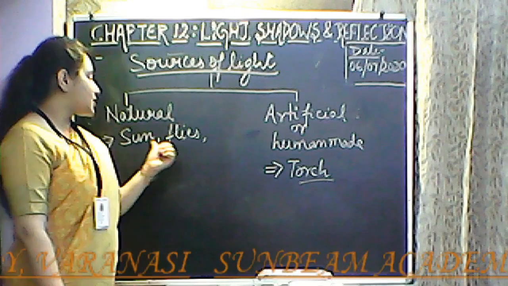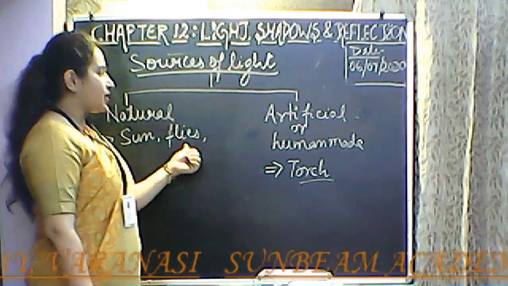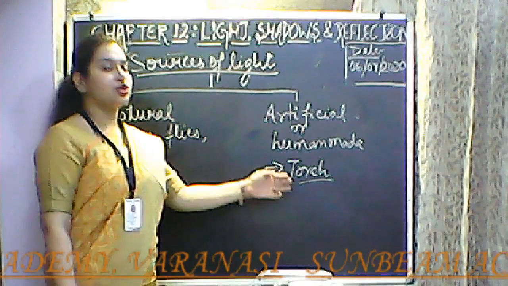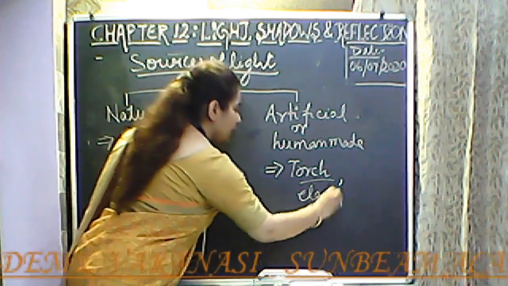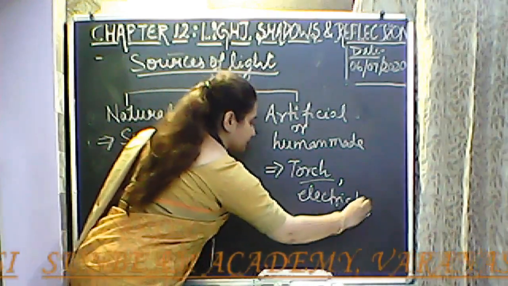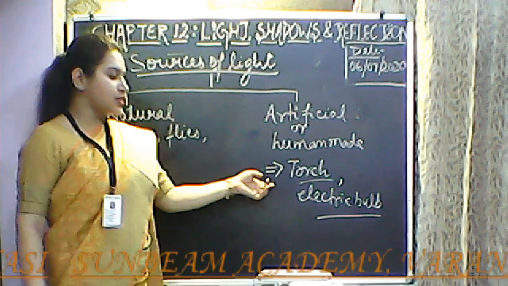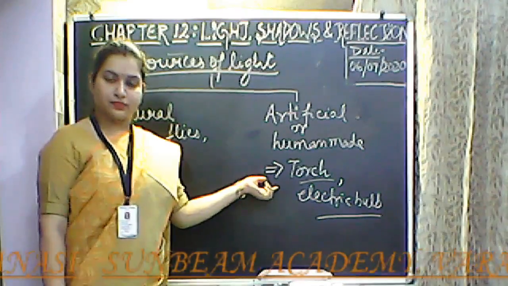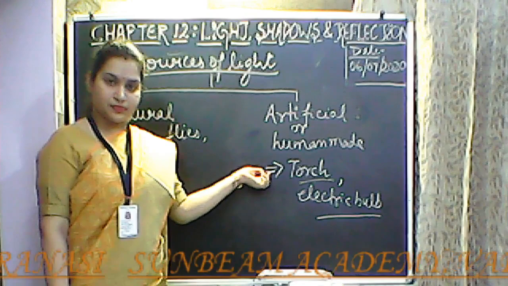So sun is a natural source of light. Fly is a natural source of light. Whereas torch, electric bulb, all these things are artificial, or human made. Clear?